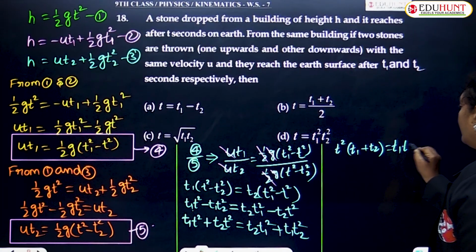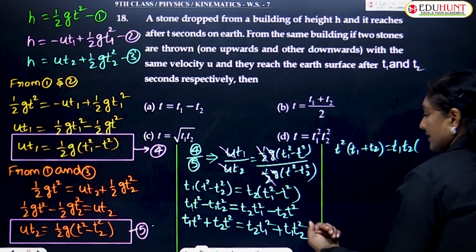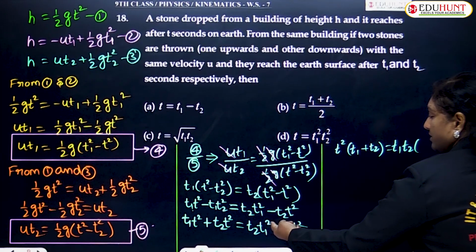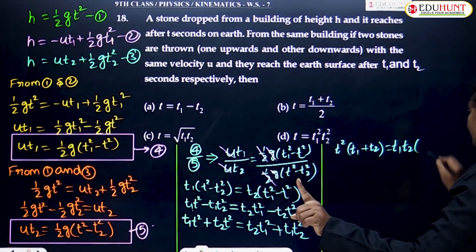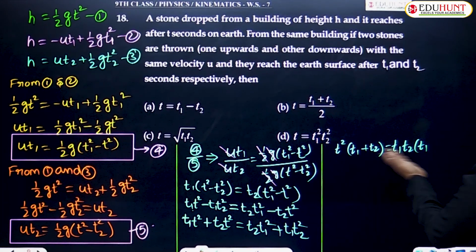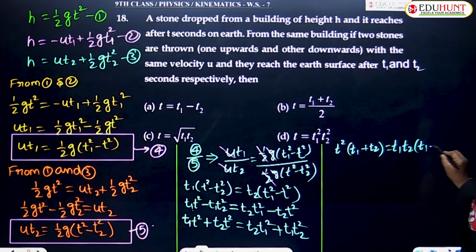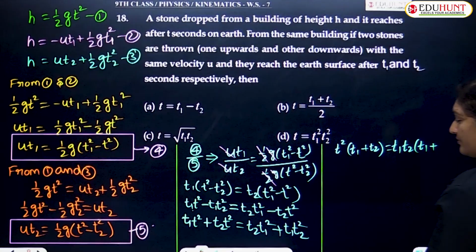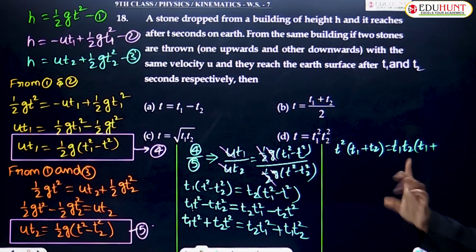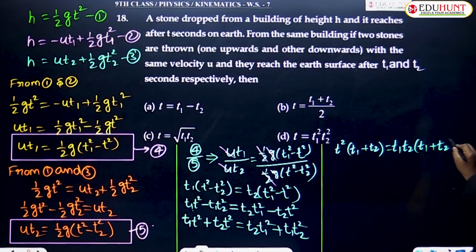Taking t1 and t2 as common, I removed t2 and one t1, so only one t1 is left. t1 t2 into t1 is t1 square t2, with the plus symbol. I already took off t1 and t2, so only one t2 was left, and I kept it here.